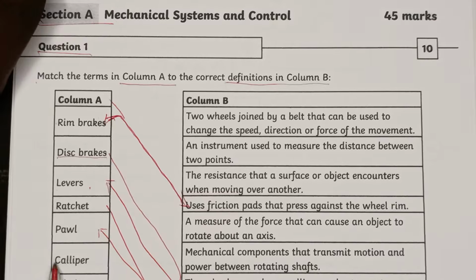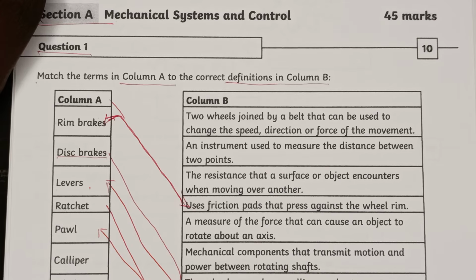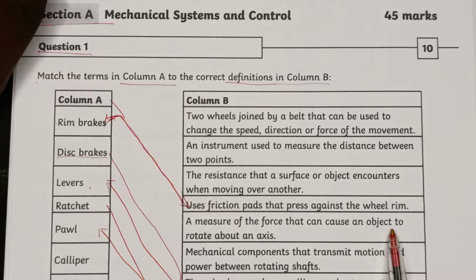Okay, caliper. What is a caliper? This one is taken, this one is taken, this is taken. Is a caliper a mechanical component that transmits motion and power between rotating shafts? No. Is it a measure of force that can cause an object to rotate about an axis?